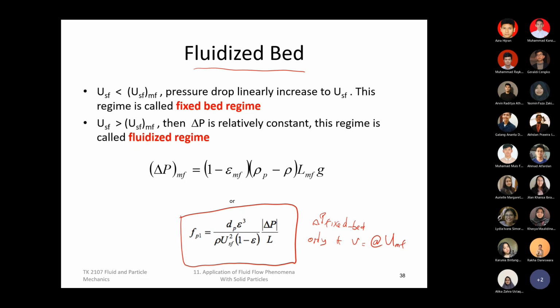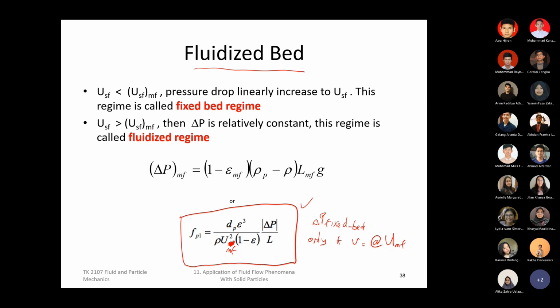So I copy-pasted the same formula here, but remember to change this into minimum fluidization condition. If you make sure that you evaluate at the correct UMF, then you can calculate the delta P for the fluidized bed using this formula.